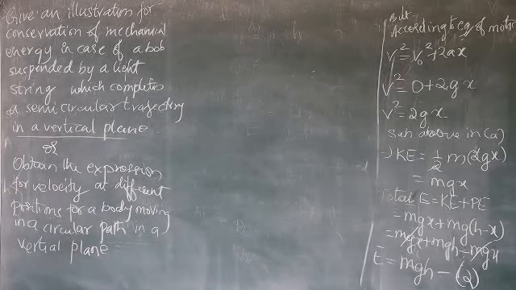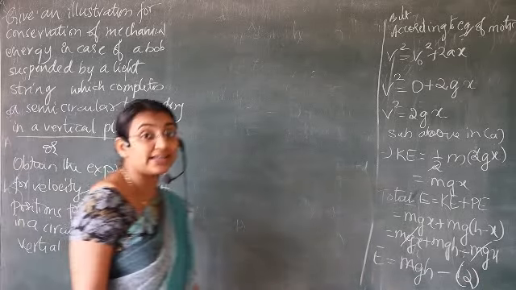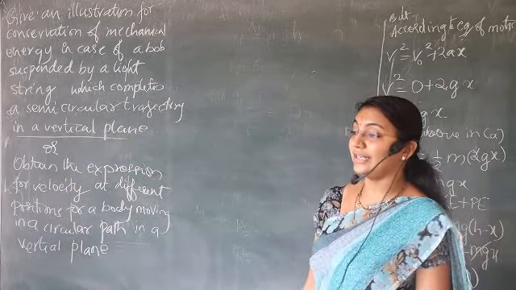Either they can ask like this, or they can ask the question like this for the next question. That is, give an illustration for the conservation of mechanical energy in case of a bob suspended by a light string, which completes a semicircular trajectory.